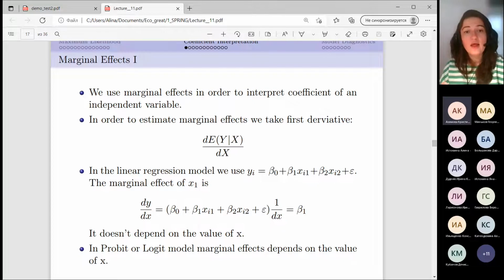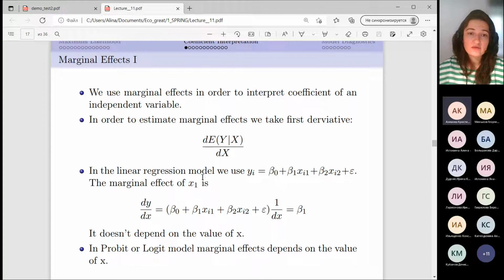Generally speaking, we have already learned how to find the marginal effects in the linear regression model, because we found them when we found the slope.